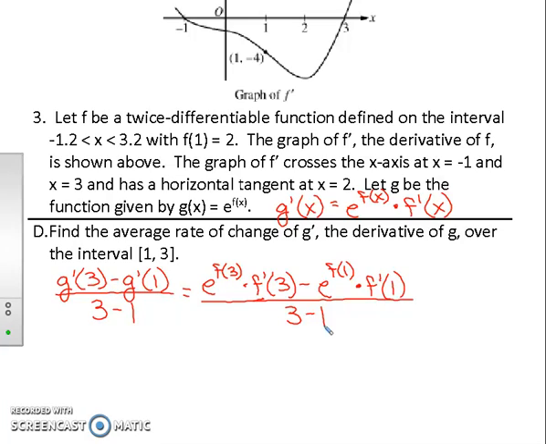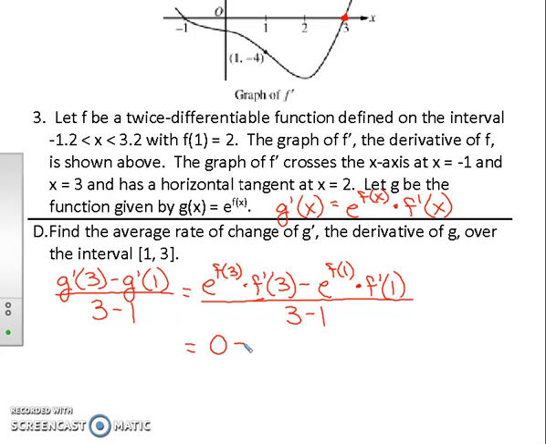Okay, so e to the f of 3 times f prime of 3. Well, f prime of 3 is 0. So you might have thought you were stumped with the e to the f of 3 because we didn't know what f of 3 was. But f prime of 3 is 0, which makes this whole first term in the numerator 0.